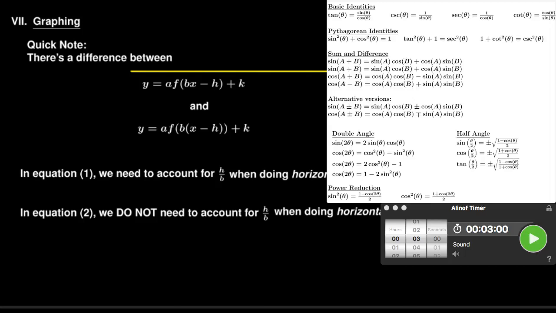Why is this all lagging? This is going to be interesting then. So that's equation 1.